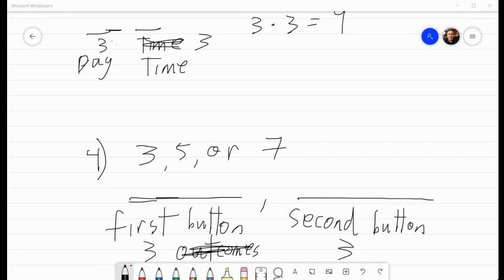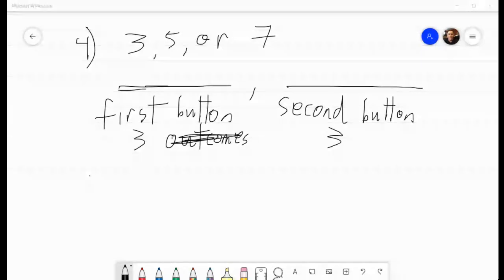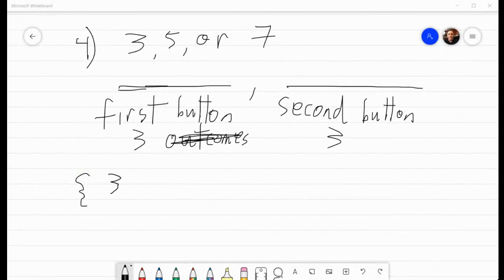So we're going to scroll down a bit. If we wanted to write them all out, I'm going to write it as ordered pairs. So we have 3, 3, right? I'm assuming the first button gives us back 3.